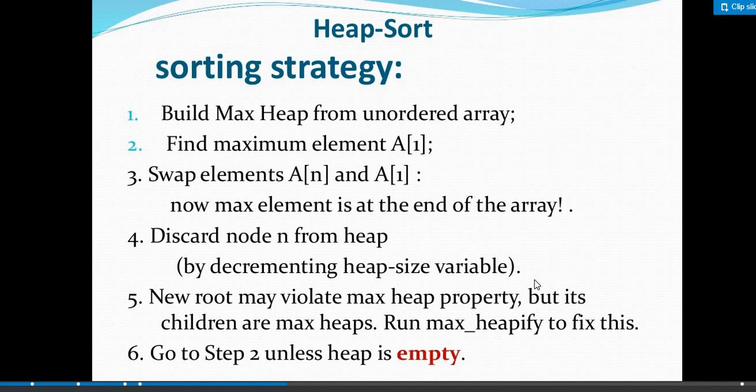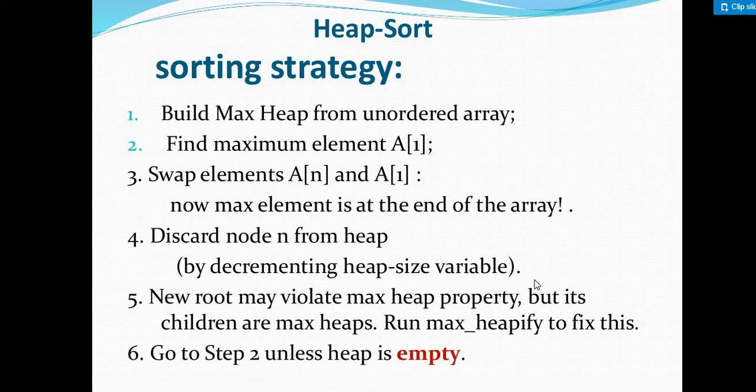So every time the greatest number will be shifted to the top position, that number will be discarded and shifted to the last place. This process will be repeated again and again.